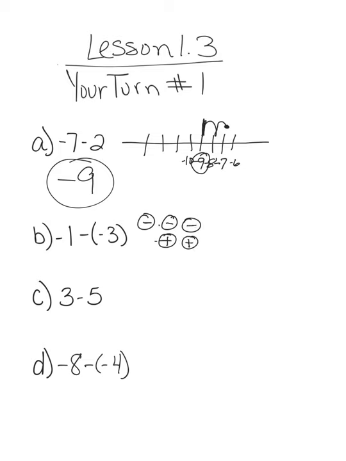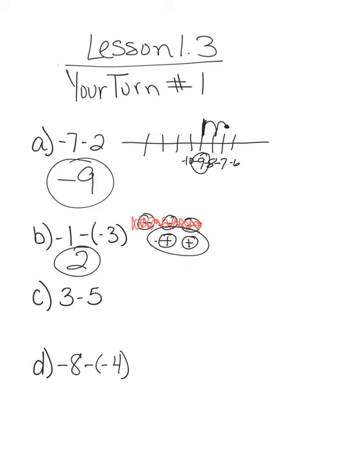Now, I'm starting with 1 negative and taking away 3 negatives, I have the 3 negatives that I can take away. So I'm going to draw a line through them to show that I am getting rid of my 3 negatives. And what I'm left with is 2 positives. So my answer here is a positive 2.